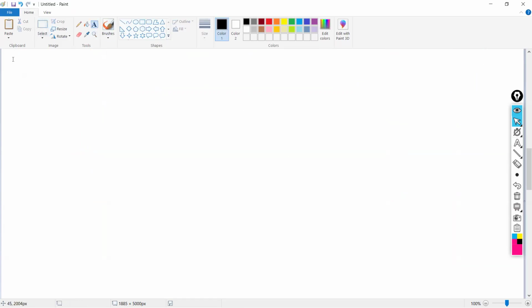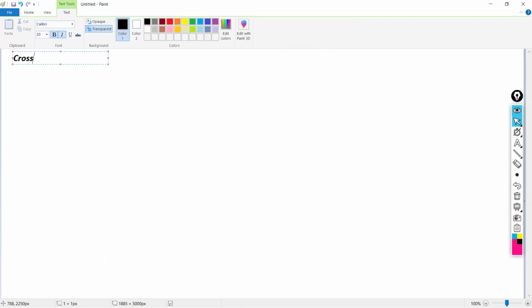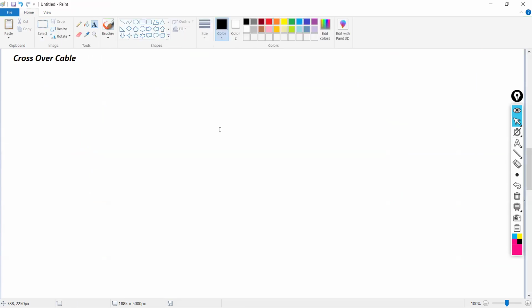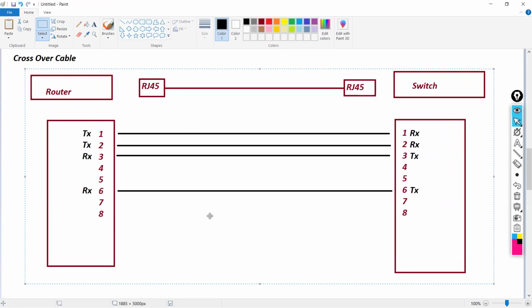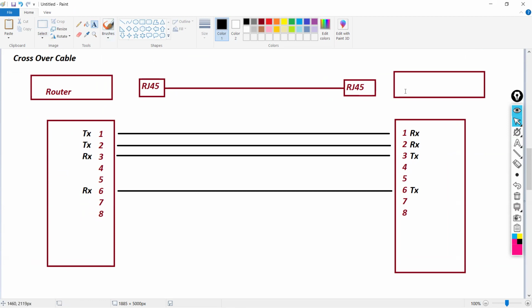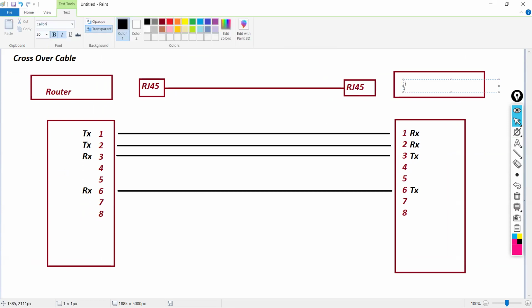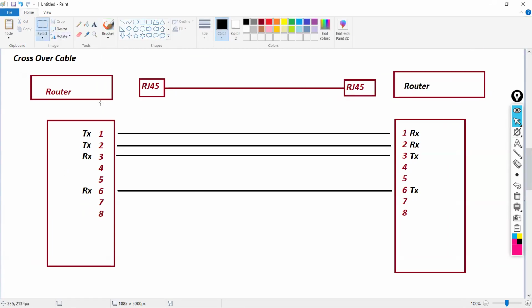Now let's come to the crossover cable. This time I'm considering this is also a router, the same type of device.